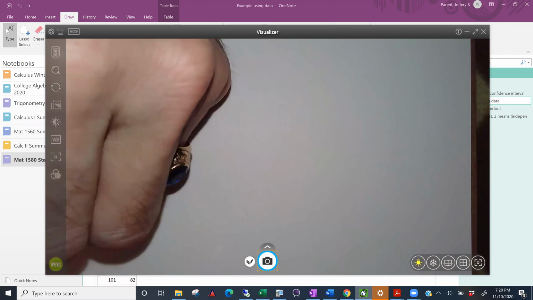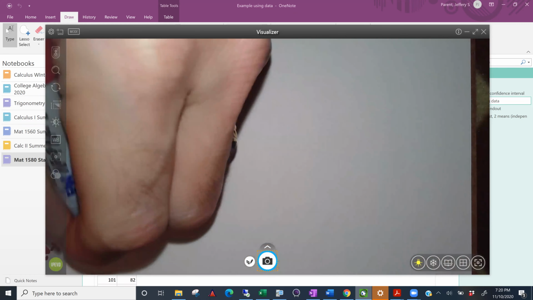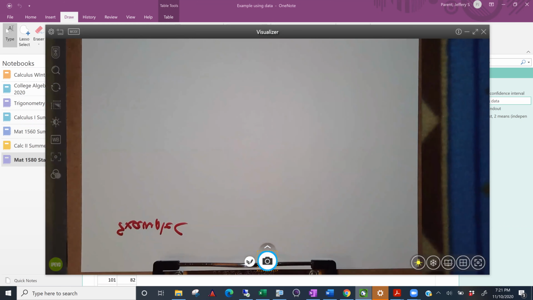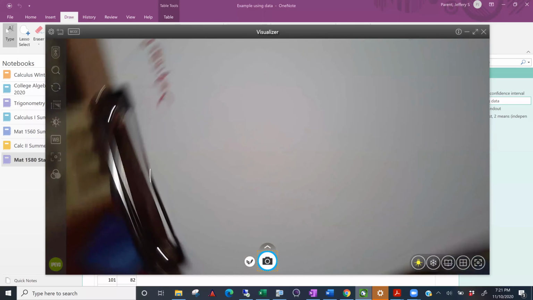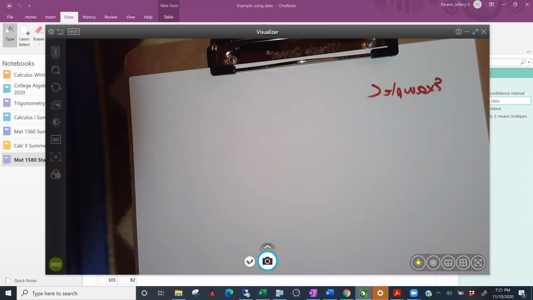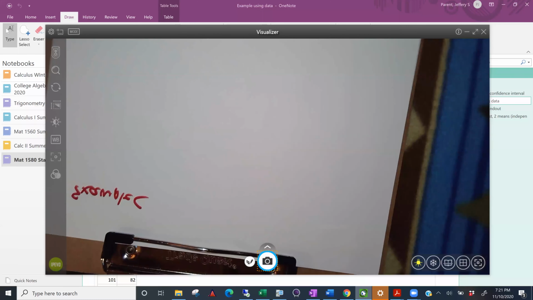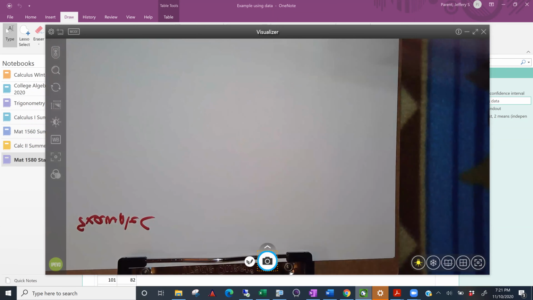So this is example C. And let's zoom out a little bit. Whoops. What happened here? That doesn't look good. Am I making you dizzy yet? I think you inverted your screen somehow. Yeah, I did somehow.